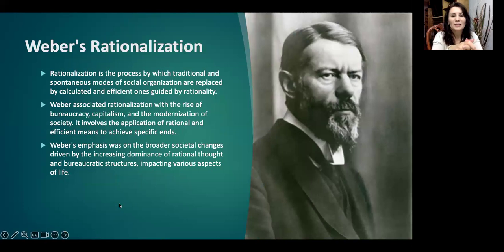Weber's rationalization: all these three things are very interconnected with one another. In modern societies, Weber argues that people work to increase productivity in capitalist society, and all the work they do is to increase efficiency. Everything is calculated and rationalized in the workplace. For example, the person comes to work at 8 o'clock in the morning and needs to work until 12 o'clock, and then they take, for example, a half hour or 1 hour lunch break.